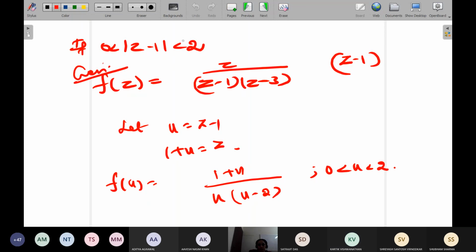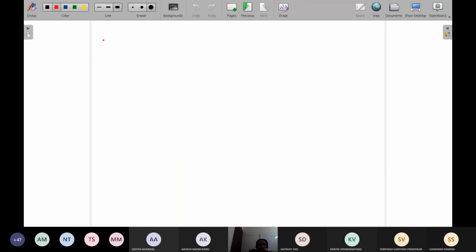So when you split this 1 plus u divided by u into u minus 2, you will split it as a by u plus b by u minus 2. So you'll get 1 plus u is equal to a into u minus 2 plus b into u.